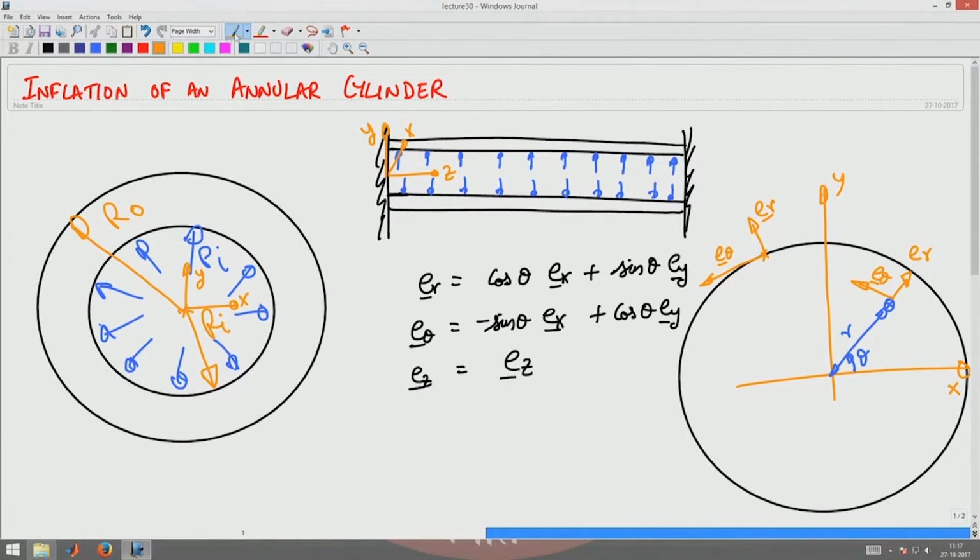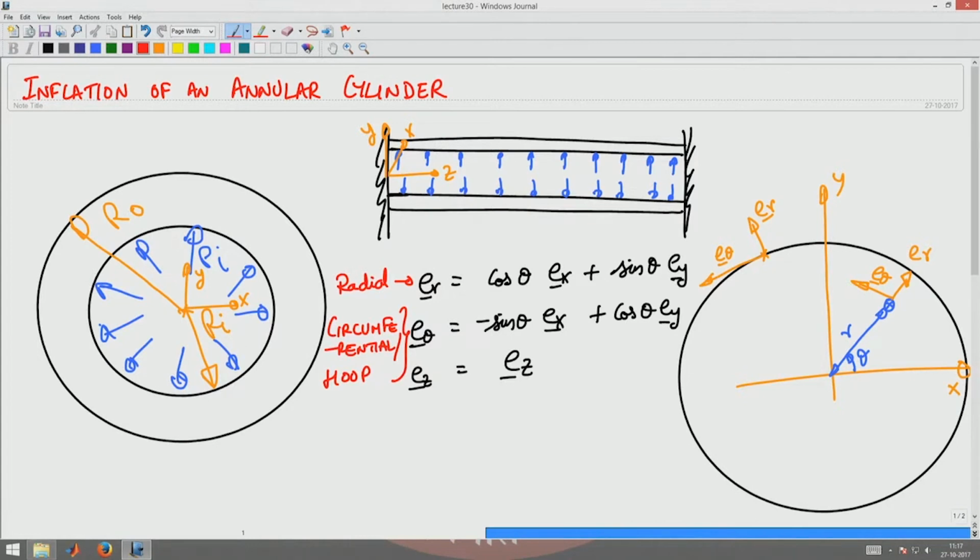This is called the radial basis and this is called the circumferential or hoop basis. That is, E theta is called the circumferential or hoop basis and E r is called the radial basis.